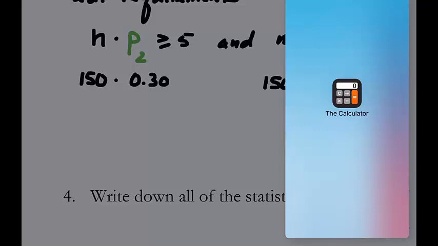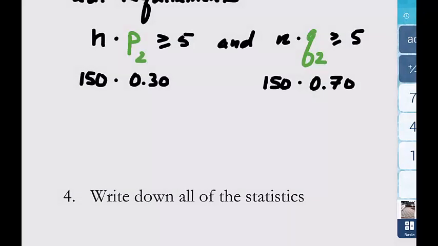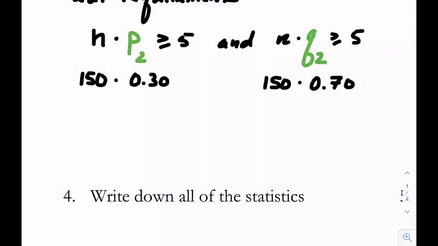First, we're going to take 150 times 0.30. We should get the number 45. There's the number 45. That meets that requirement. That's greater than or equal to 5. Perfect.